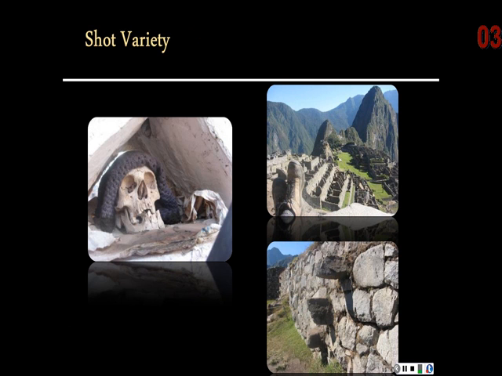Now a third element in great photography is getting a variety of shots from various distances. So in this example, you see three. On the left-hand side is a close-up of a particular object, in this case a skeleton head at Machu Picchu.